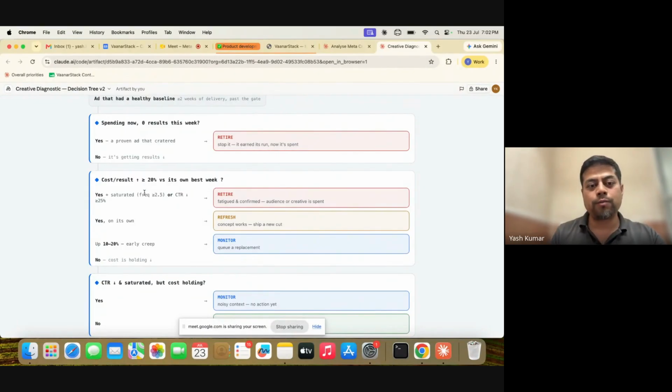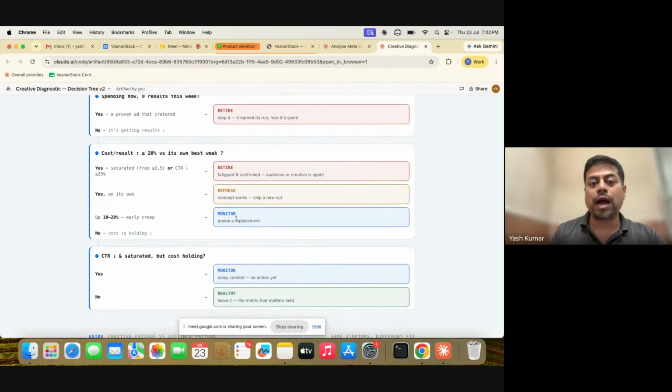Plus saturated, if frequency has increased from 2.5 or CTR has dropped, then I would retire the creative, right? If cost per result is greater than 20% on its own, but the frequency is fine, which means that the concept still works, I would refresh the creative.